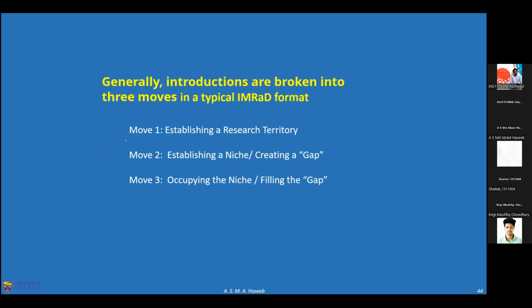Now, in this introduction, they call it, there are 3 moves: move 1, move 2, and move 3. In move 1, you first establish a territory, which means that you describe the existing work that has been done already. And then you create a gap.